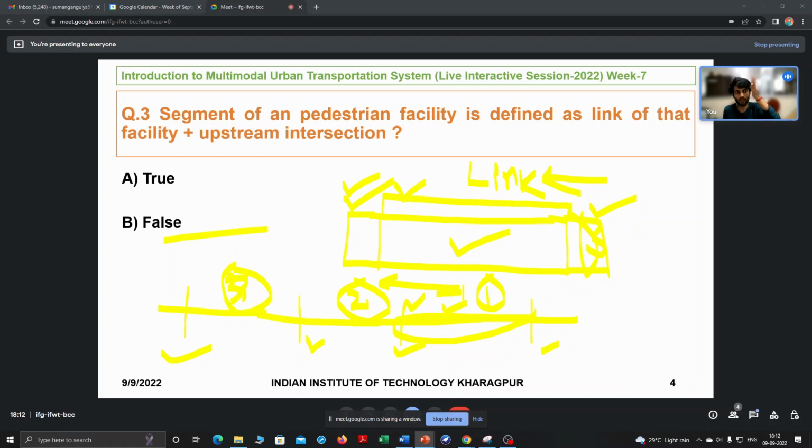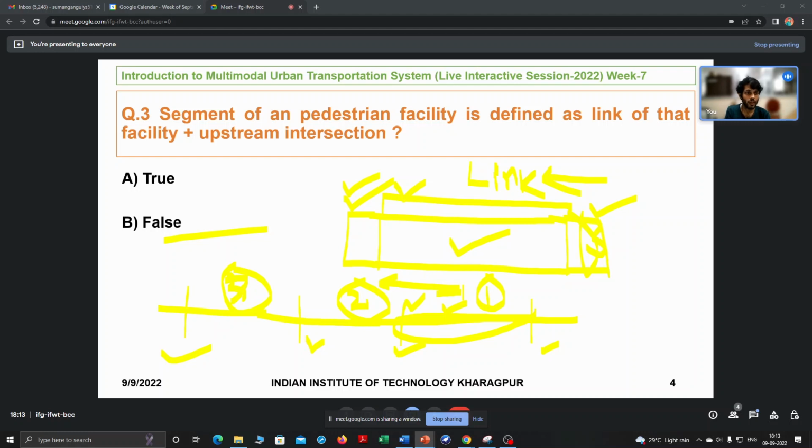Suppose I am standing here, so this is my upstream direction and this is my downstream direction. Up means what I have left already, and this is the down direction. So you need to take the downstream intersection whenever you are saying it's a segment, otherwise you will end up making mistakes.